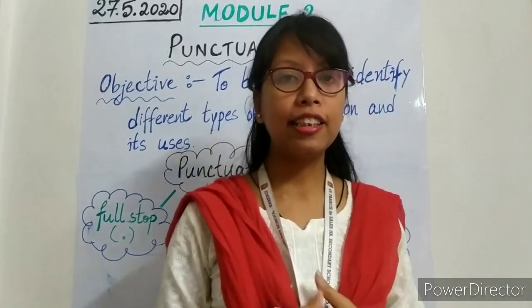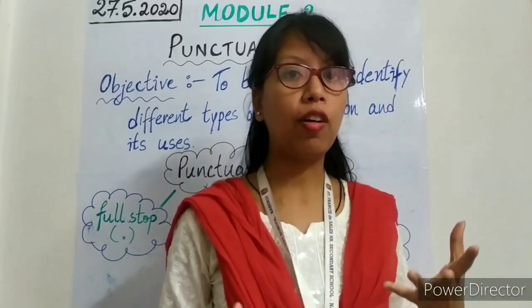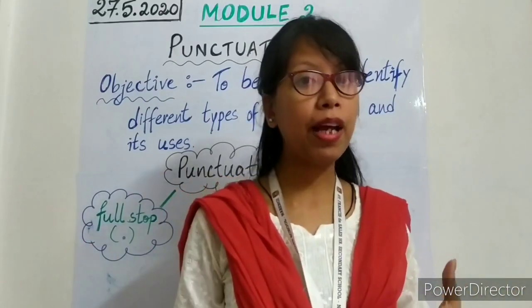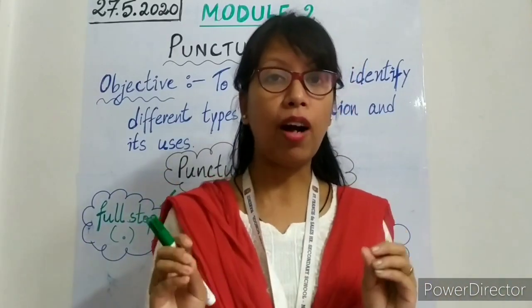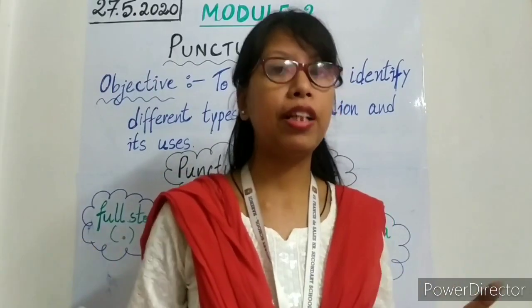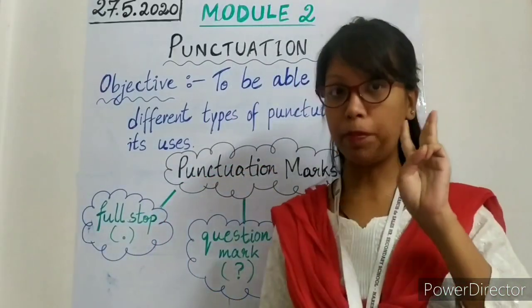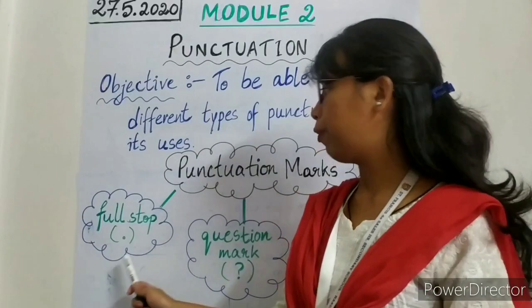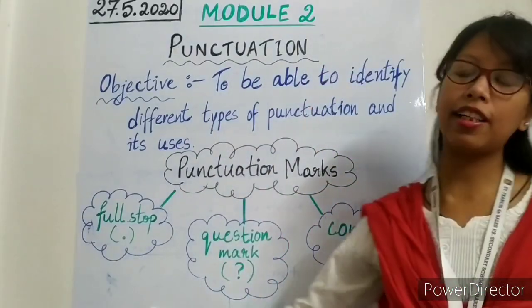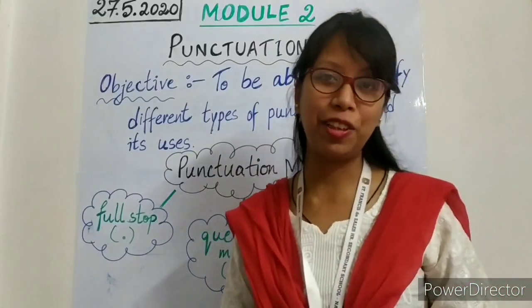Whether the sentence is asking a question, expressing an emotion, or is a statement, these punctuation marks help sentences give out their meaning in a better way. In today's class, we will be discussing 3 punctuation marks, which are the full stop, question mark and comma. We will be discussing these 3 punctuation marks elaborately.